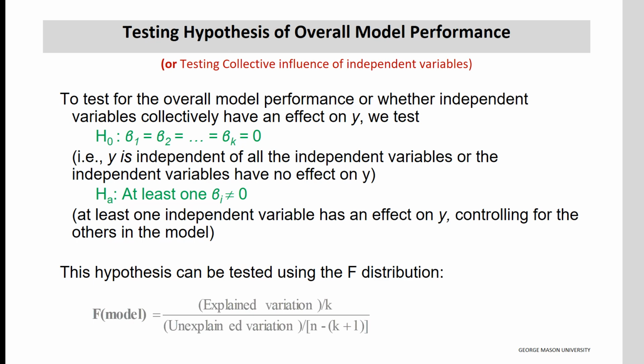So at least one of the slopes in the model will be different than 0, which means it will have an effect on the dependent variable.